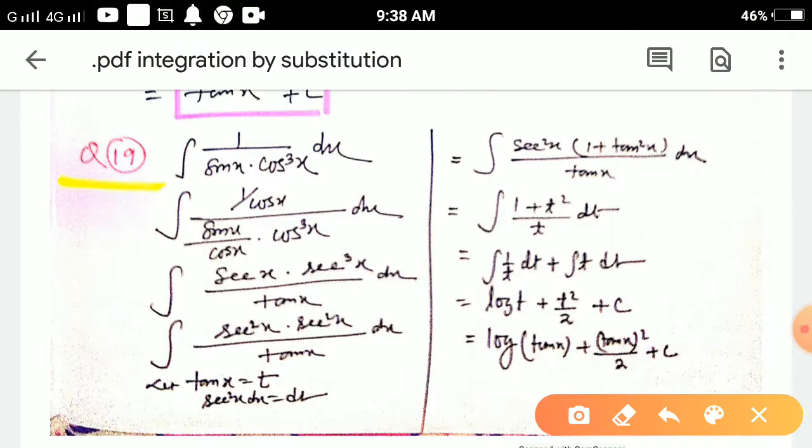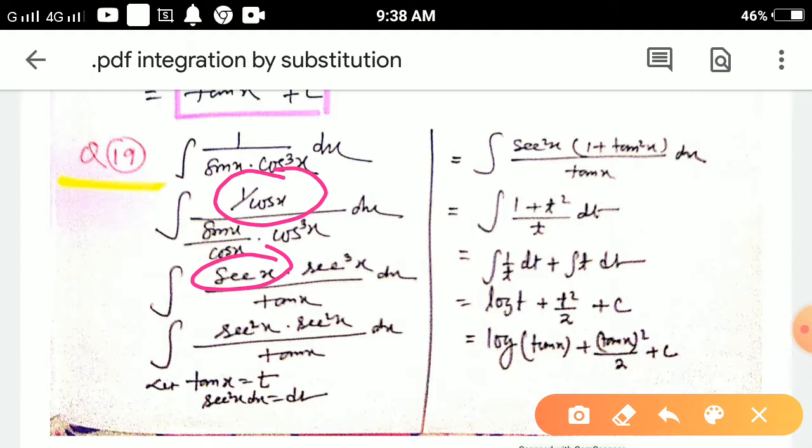Now we divide both numerator and denominator by cos x, and we get 1 by cos x upon sin x by cos x into cos cube x dx. 1 upon cos x will be sec x, and cos square x cos cube x will be changed into the numerator like sec square x sec cube x dx, and sin x by cos x will be tan x.